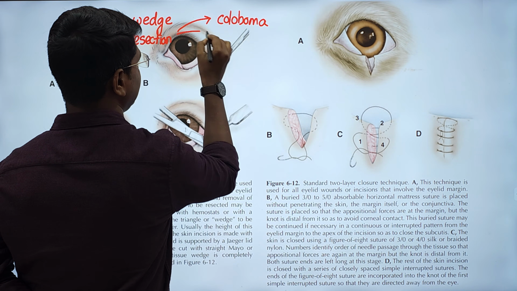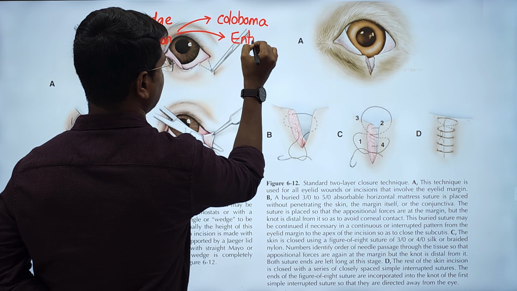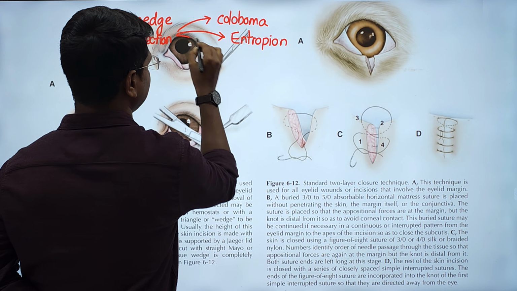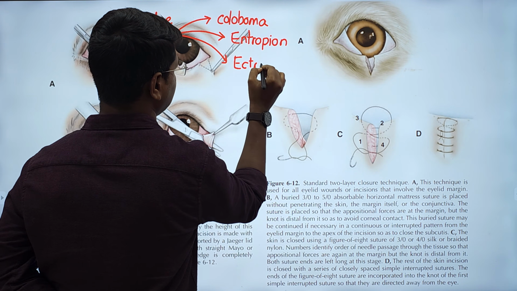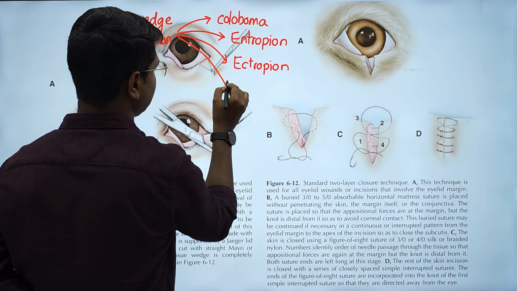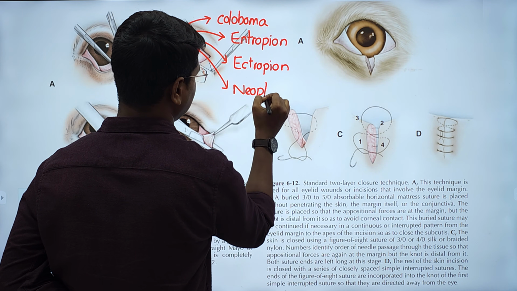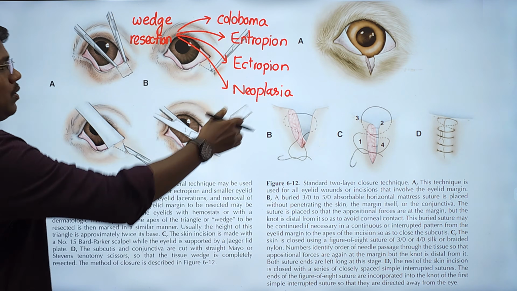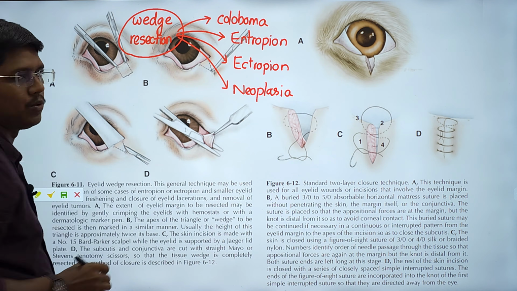It can also be used for entropion, depending on the degree, as well as for ectropion, and also for neoplasia, small neoplasia, not bigger ones. For all those things, this wedge resection surgery can be used.